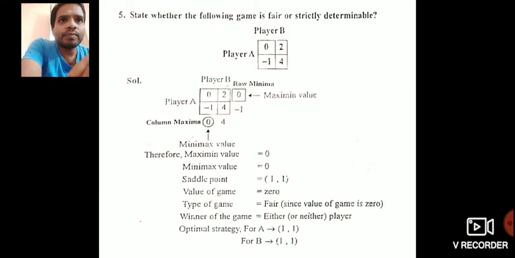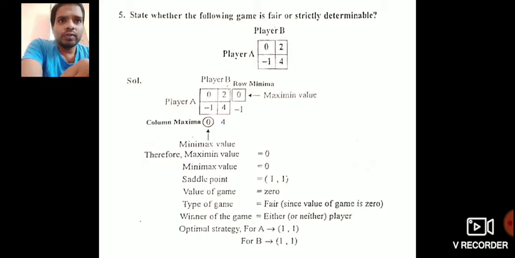Now the next problem. Here also we have player A and player B. Player A has 2 strategies, and player B also has 2 strategies. Find the values. The maximin value here we get is 0, and the minimax value we get is 0, so the maximin value equals the minimax value, so a saddle point exists.